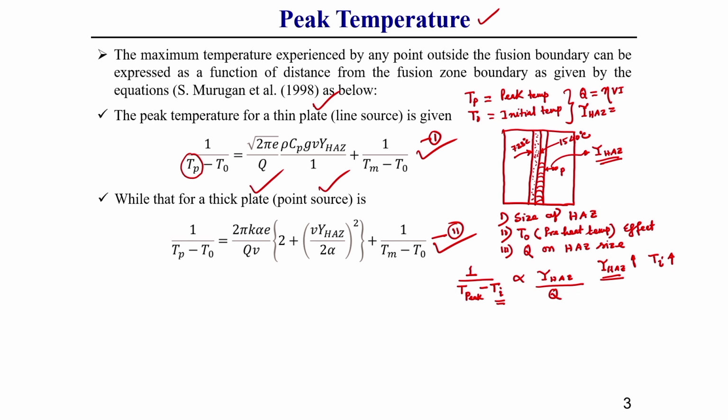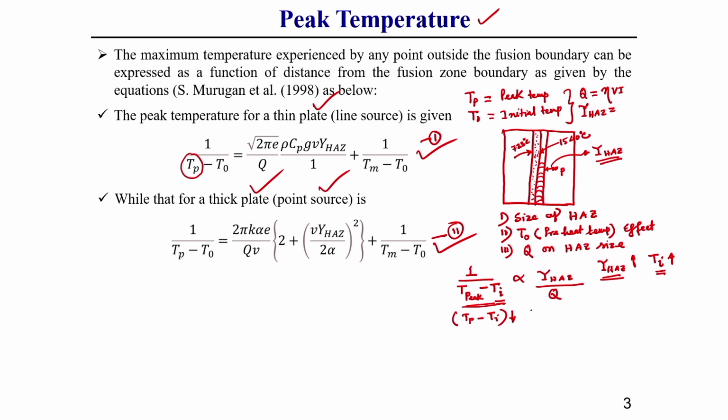So, from this equation one thing is very clear: if Ti increases, then your heat affected zone distance, that means Y, also increases. How? Because if Ti increases, then Tp minus Ti will decrease, correct, this value will decrease.